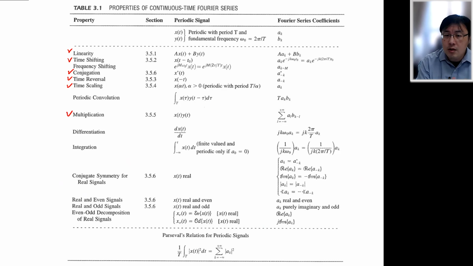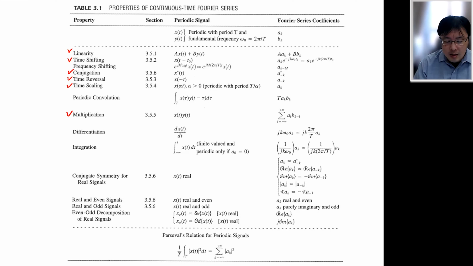Now, if you look at the property above, you see that this property holds the other way around as well. If you take the multiplication of the Fourier series coefficients of two signals, then the corresponding time domain signal will be equal to the convolution of these two signals.